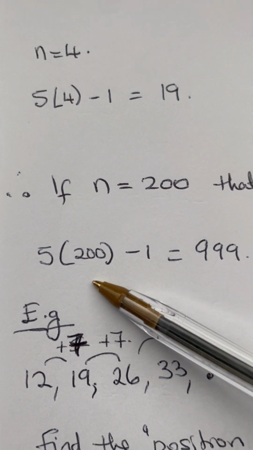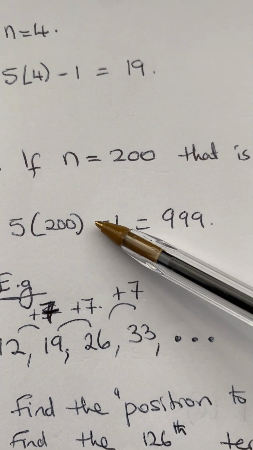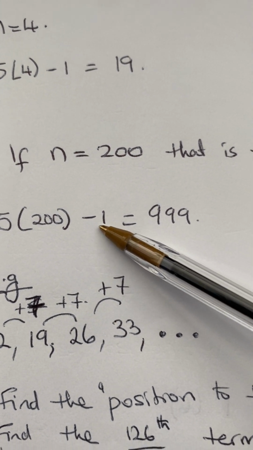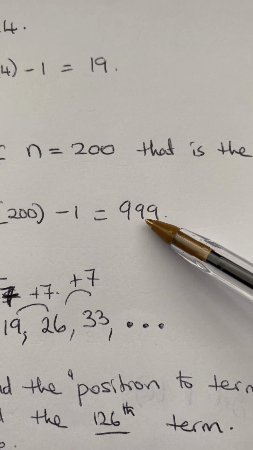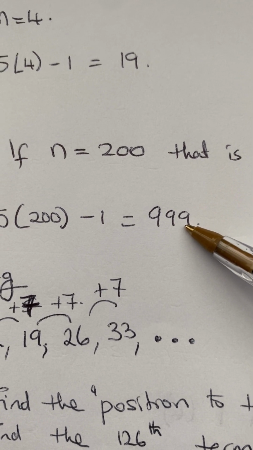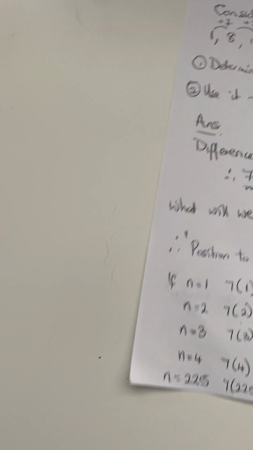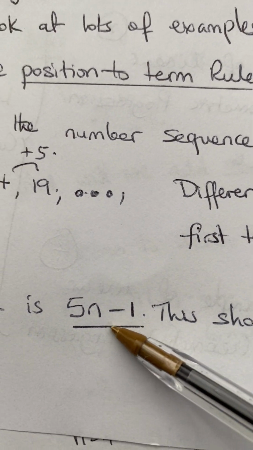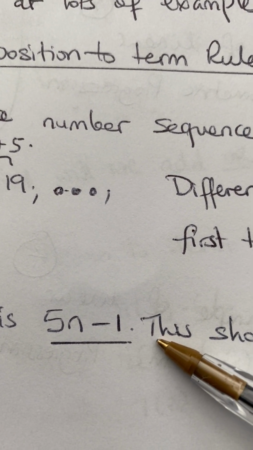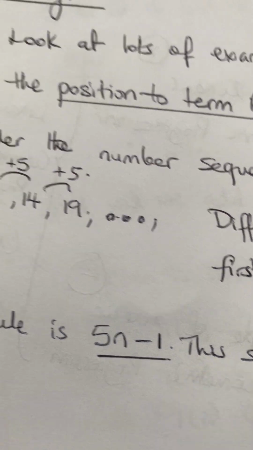So 5 times 200, which is 1,000, minus 1, which will give us 999. So that is how I got this rule here, 5n minus 1.